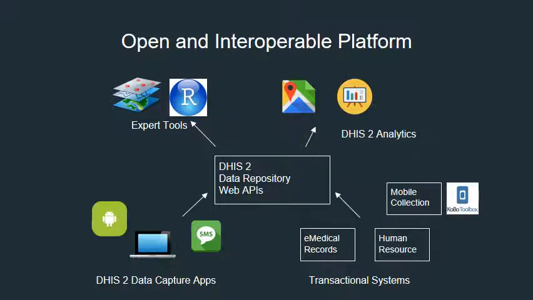It does also allow data entry via other transactional systems, for example, medical records or human resource management systems, or even mobile collection, such as the Kobo Toolbox, which many people are familiar with.